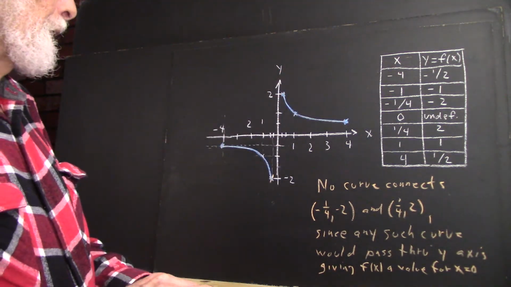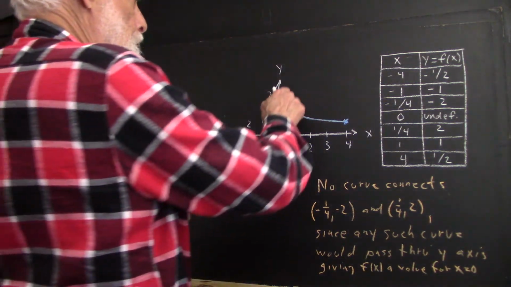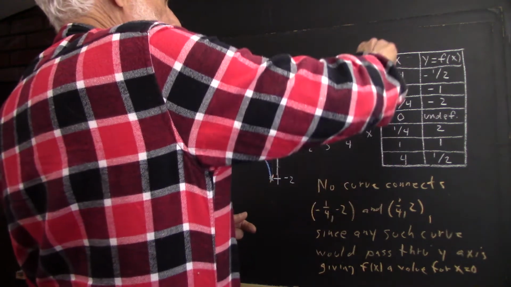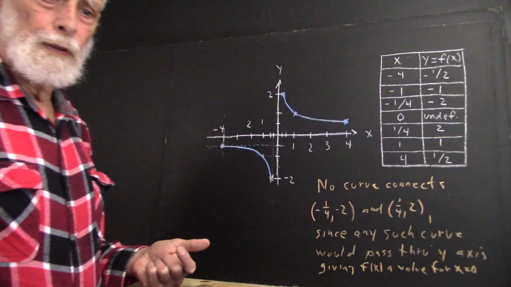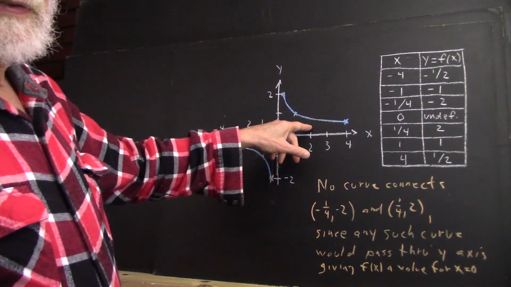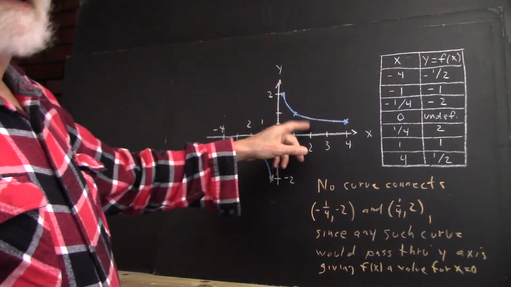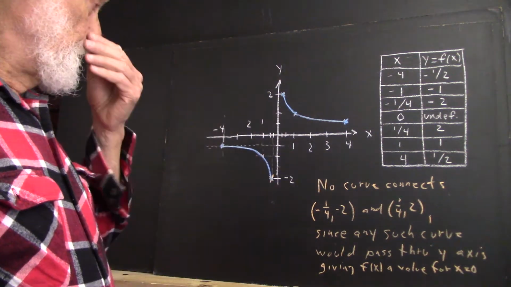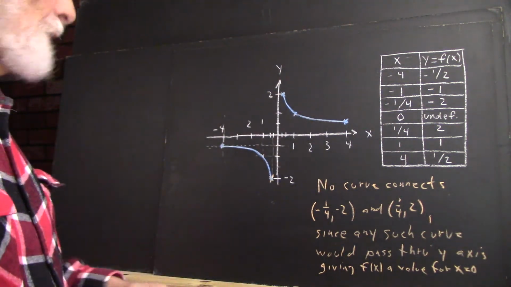Now, it could be wrong. You know, this function could come down through here and go down here and then come back up through here. Could do a lot of things. So we're making a best guess, the simplest possible guess for the curve is that it looks something like this. Now, we could speculate.